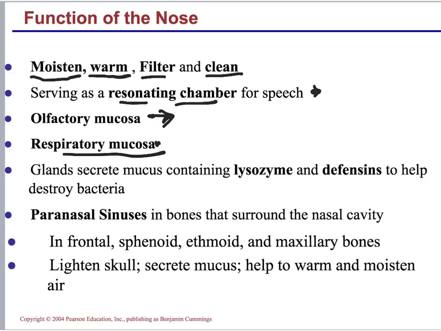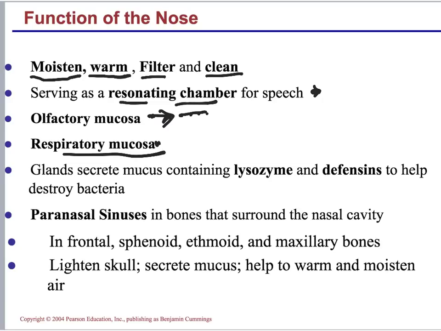These are the only neurons of our body whose axonal terminals are actually exposed to the outside, allowing us to smell the different smells.